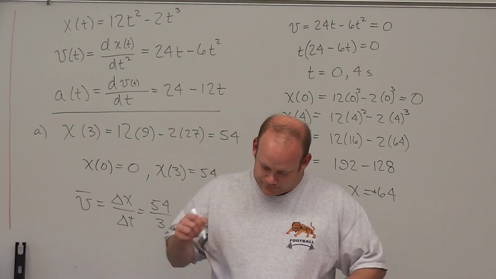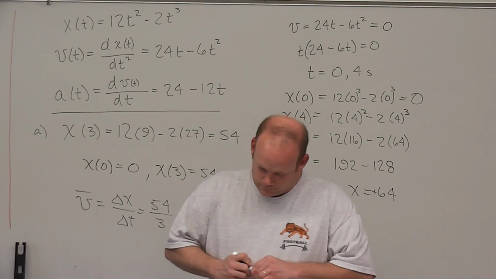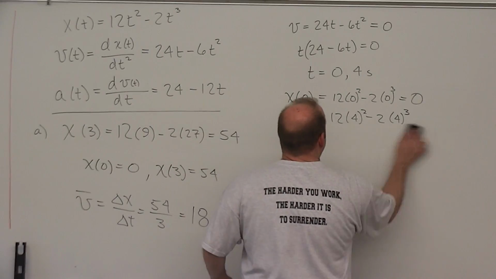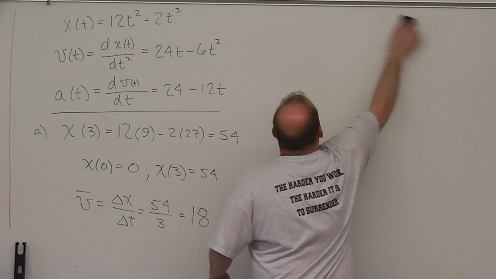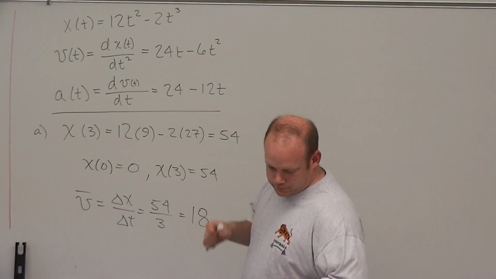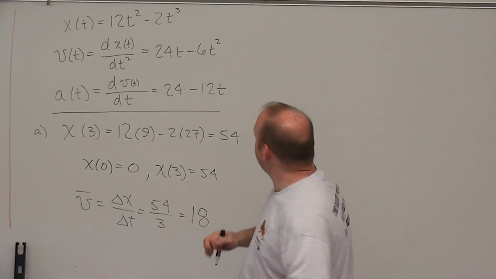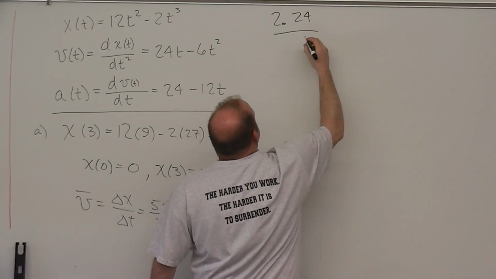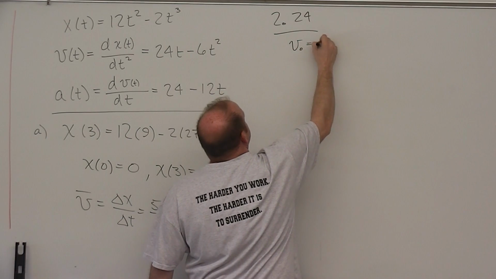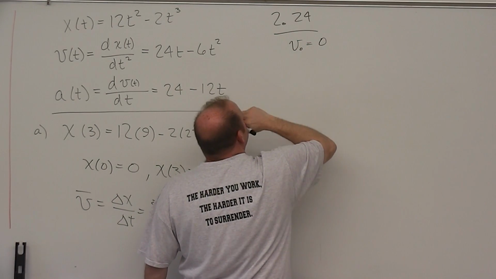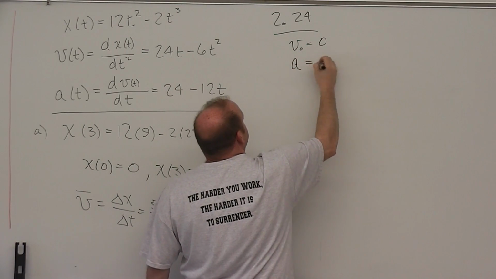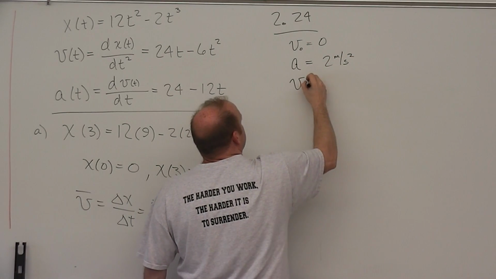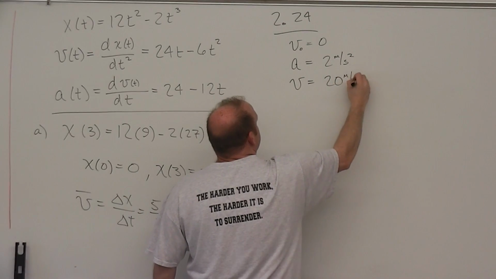All right, so now, v0 is equal to 0. Acceleration is equal to 2 meters per second squared until it gets to a velocity of 20 meters per second.